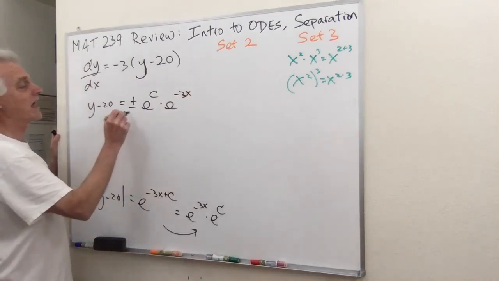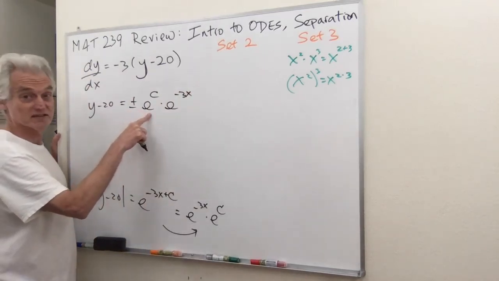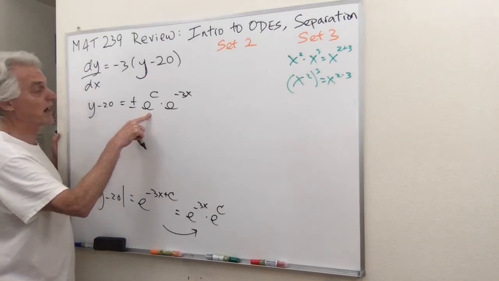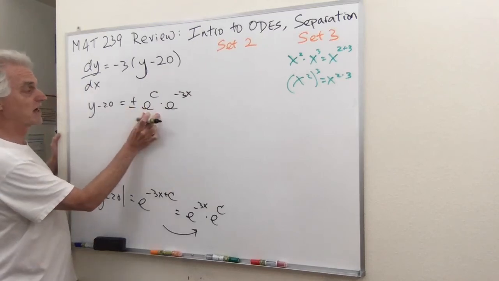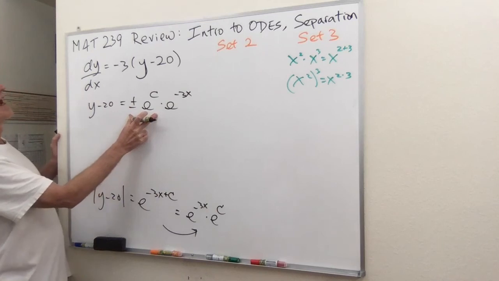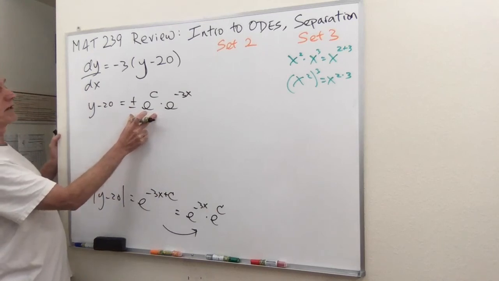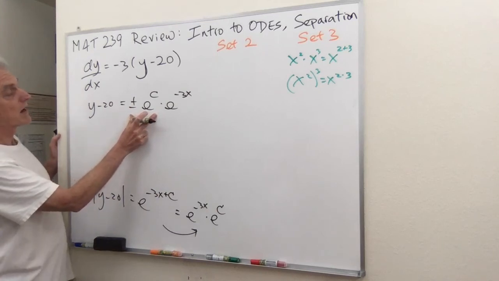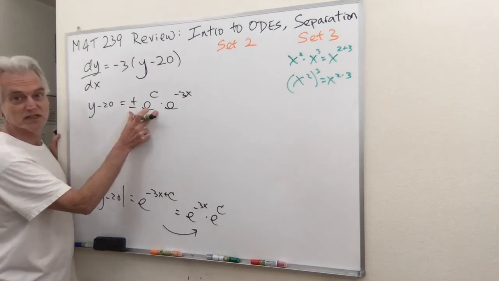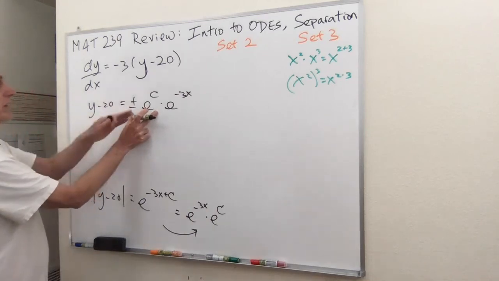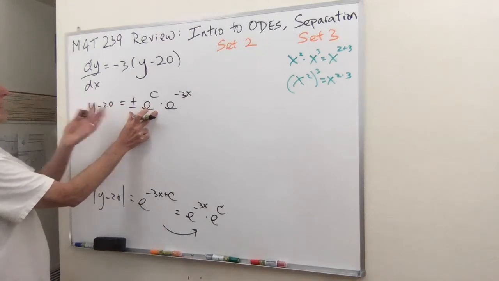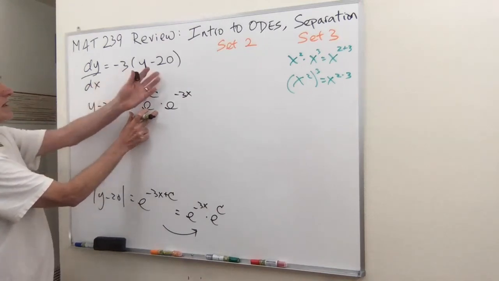Actually, it's really nice that we had this plus or minus because this guy is always positive, right? So this is a positive constant. That's a constant that's positive or negative. Okay, the only thing this can't be is 0. But if I throw in 0, I still get a solution. Y minus 20 equals 0 means that y is 20, the constant function.